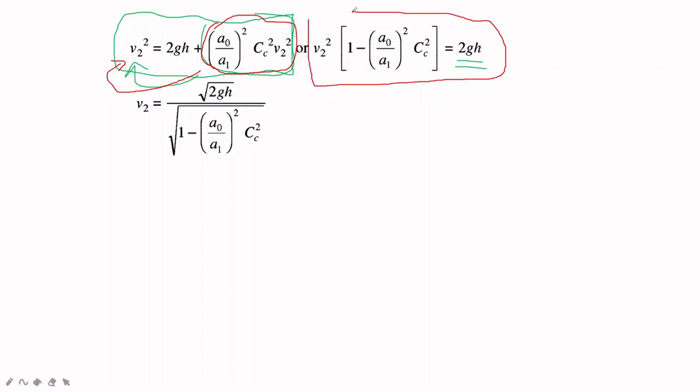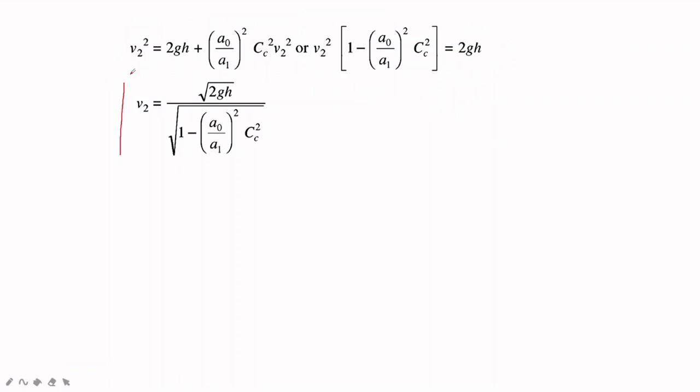So this equation we get. Then V2 square is equal to 2GH divided by this term, which we send here, so multiplication becomes division. V2 square is there, but we only need V2.